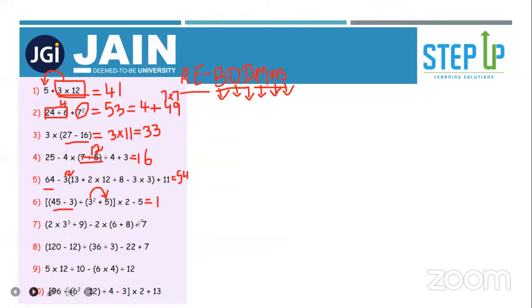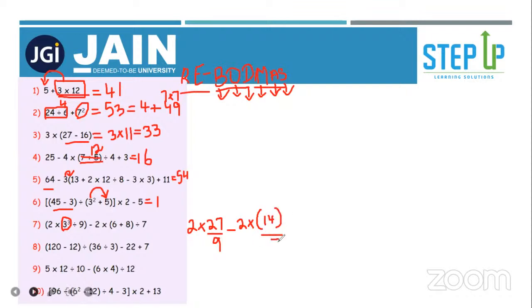2 times 3 cube. 3 times 3 is 9. 9 times 3 is 27. So 2 times 3 cube is 27 divided by 9 minus 2 times 6 plus 8 is 14.